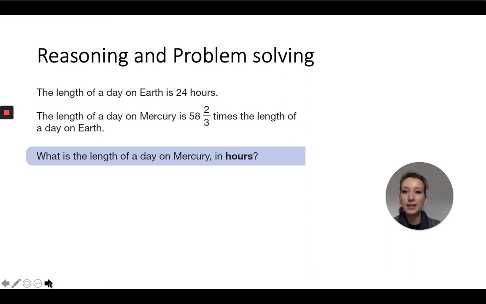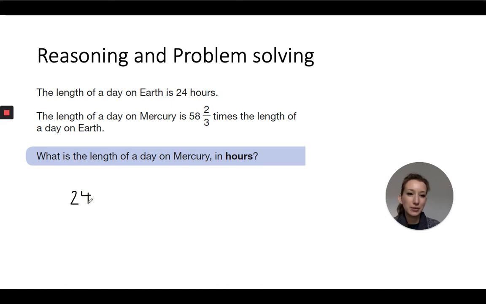The length of a day on Earth is 24 hours. The length of a day on Mercury is 58 and 2/3 times the length of a day on Earth. What is the length of a day on Mercury in hours? Okay, so you're doing 24.